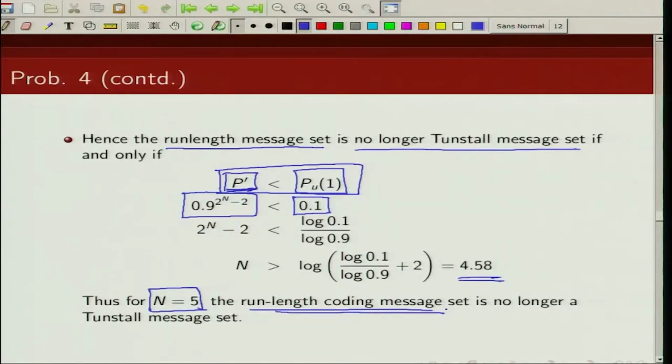For n less than 5, that is n equal to 4, 3, 2, run-length coding for this particular source is going to be a Tunstall message set, but for n greater than or equal to 5, it is not.